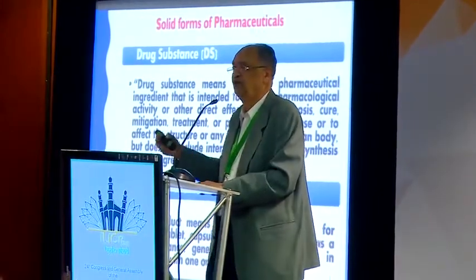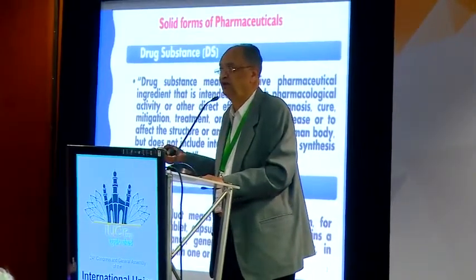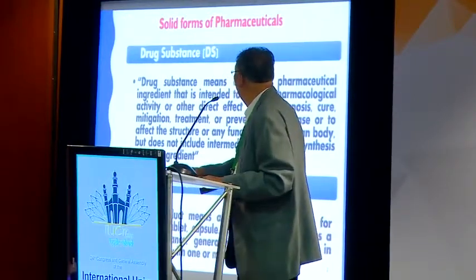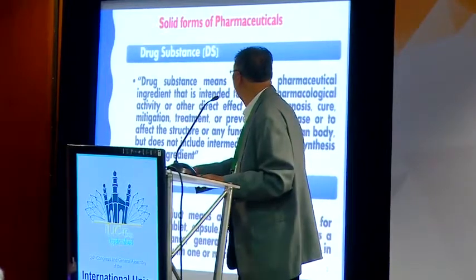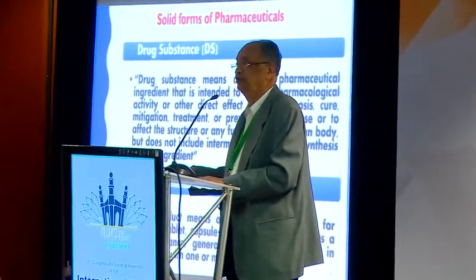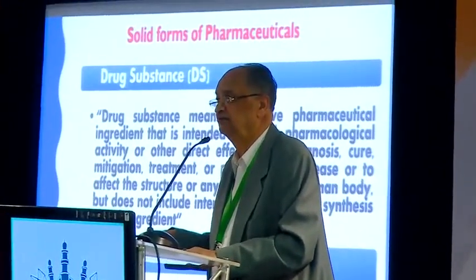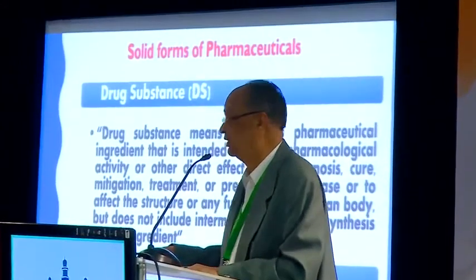But when it comes to filing an IND, the API terminology is not used, it's a drug substance. It's nothing but the active ingredient, the chemical substance, which imparts pharmaceutical activity in a medicinal preparation.